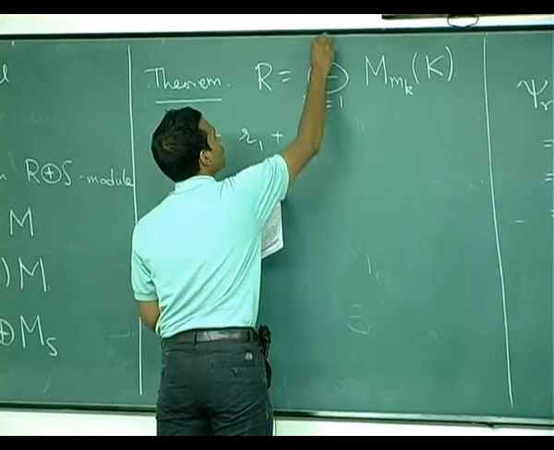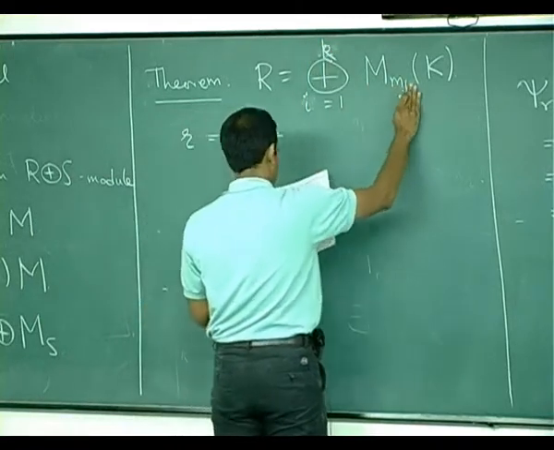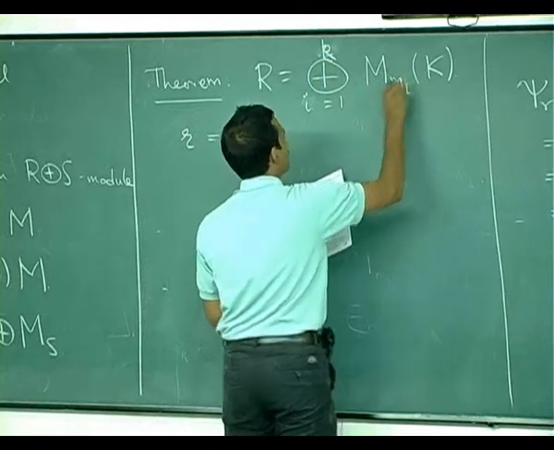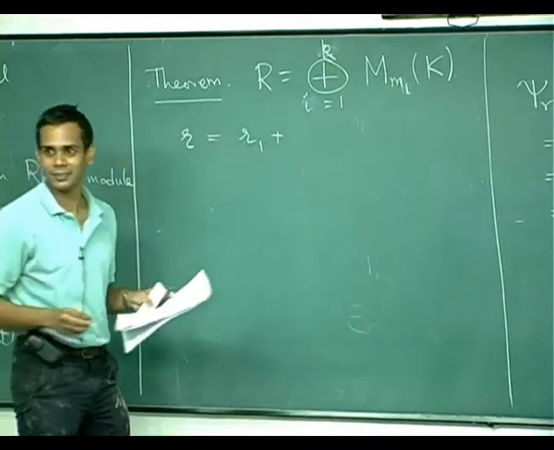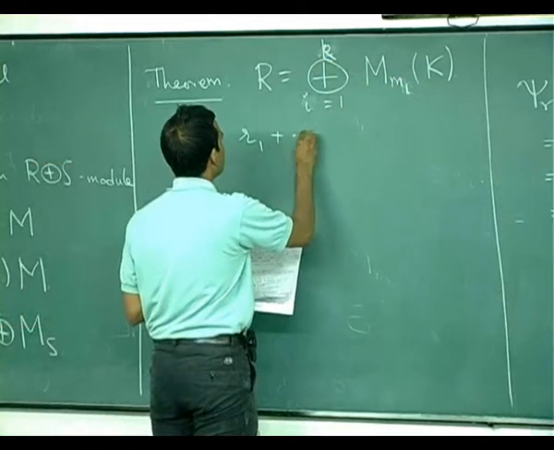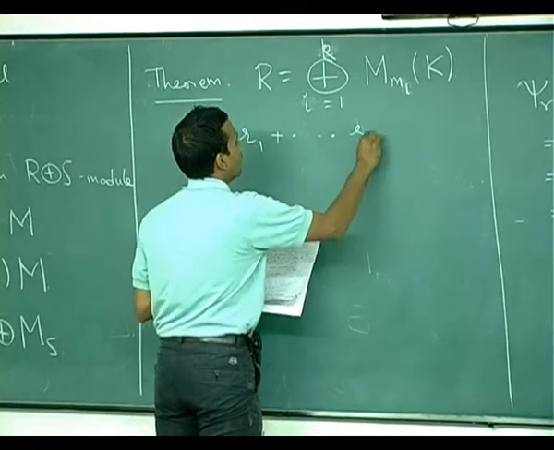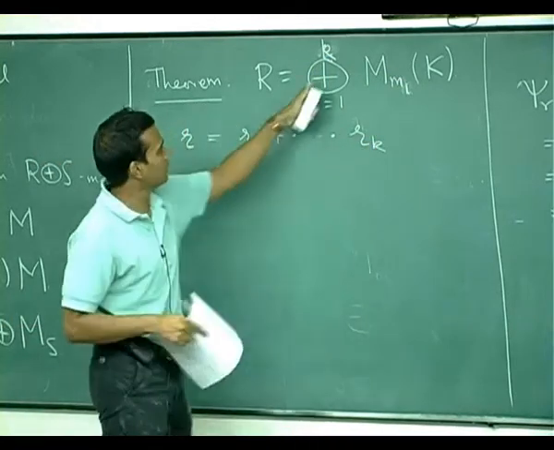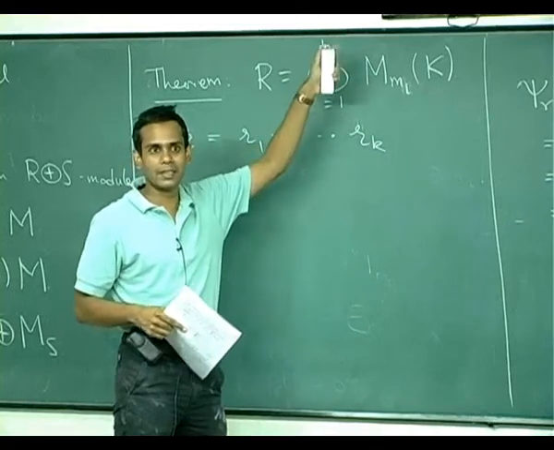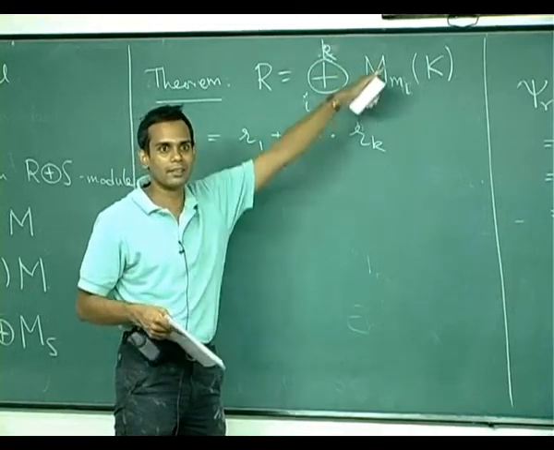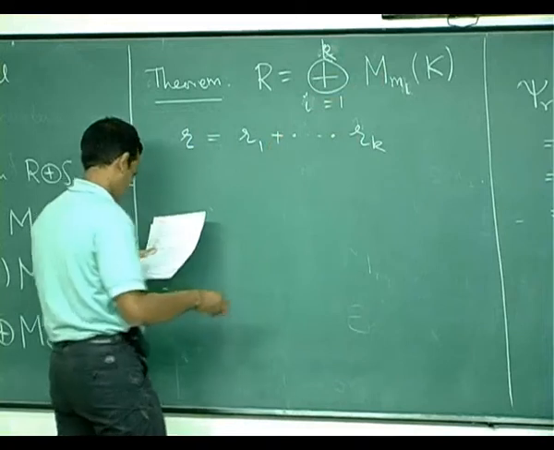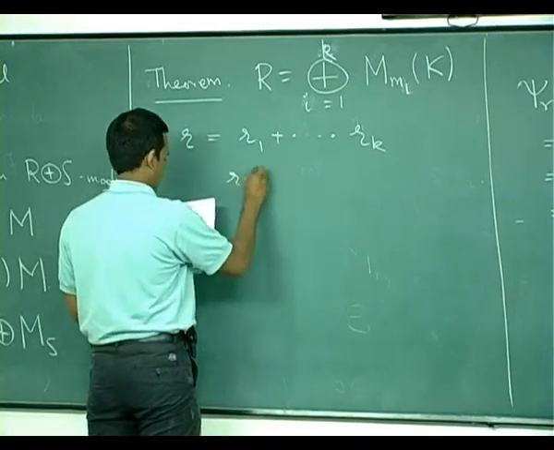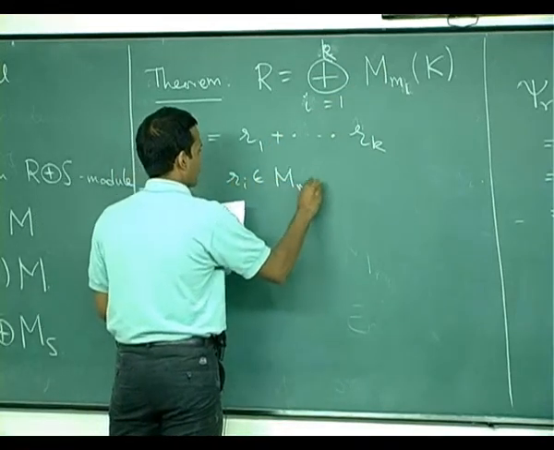Let's make it i goes from 1 to k, M_{m_i}(k). Otherwise I'll have R subscript R, which is not very nice. So I get r_1 plus ... plus r_k, where r_1 is in the first matrix algebra, r_2 is in the second matrix algebra, and r_k is in the kth matrix algebra, so where r_i is in M_{m_i}(k).